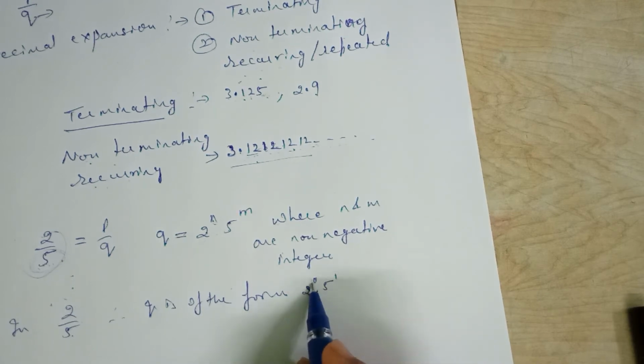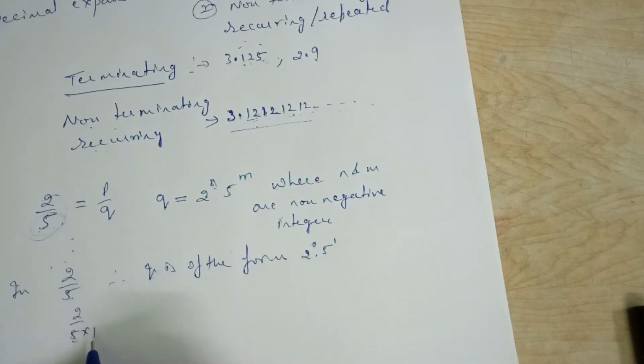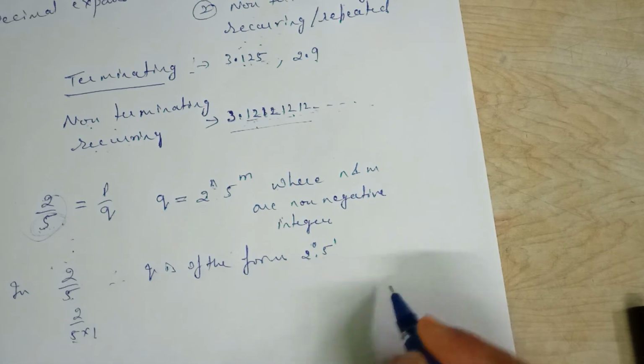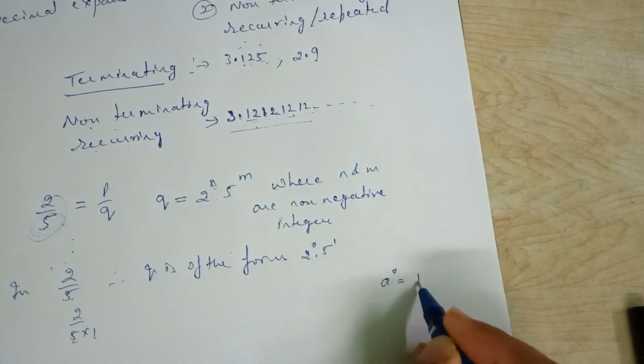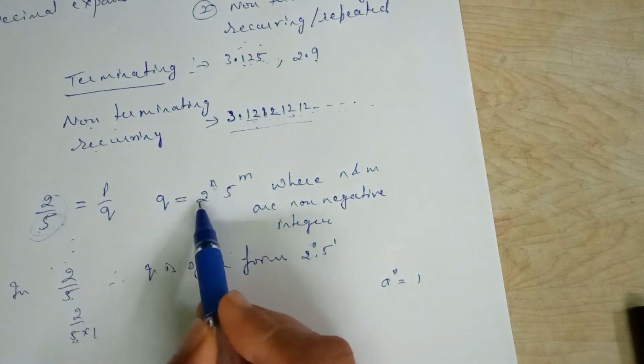Why are we taking 2 raised to the power 0? Because we can write it as 5 into 1. 5 into 1 will give 5. On the basis of laws of exponents, we know that a raised to the power 0 is equal to 1.